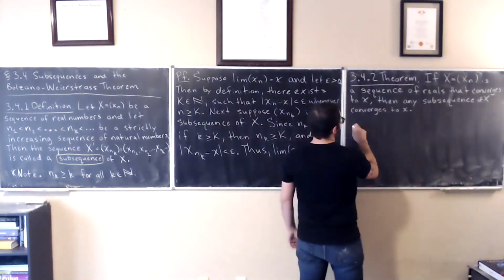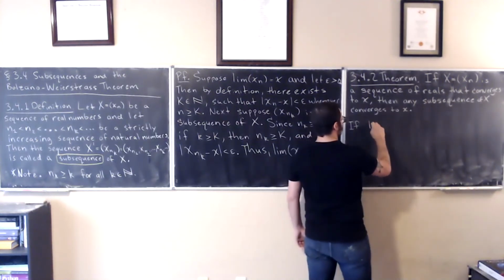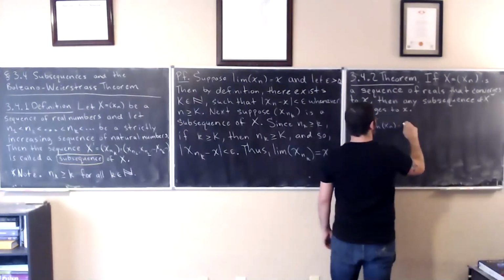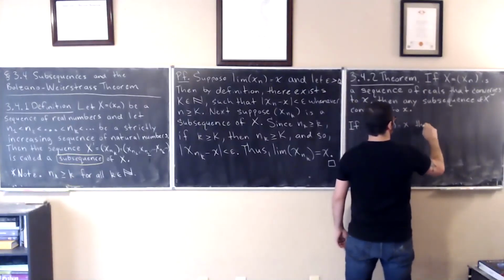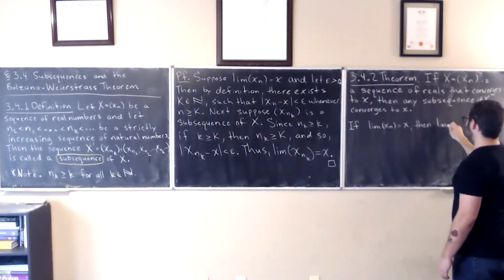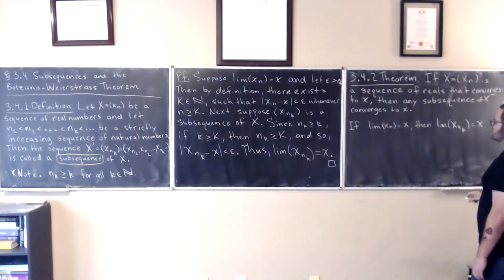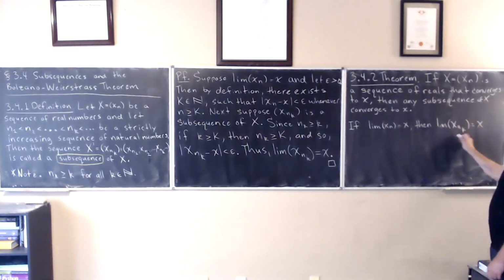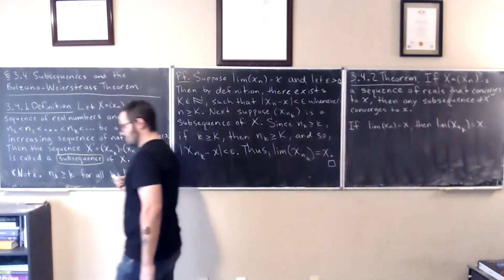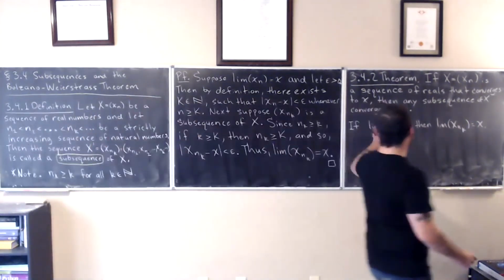So we break it down into logic. It's like, if the limit of xn equals x, then the limit of any subsequence also equals x. And this is for all subsequences of x, right?